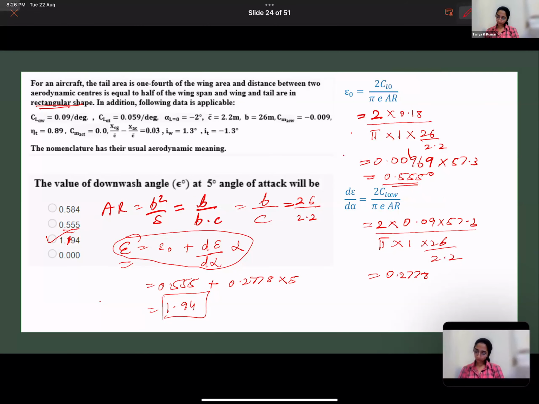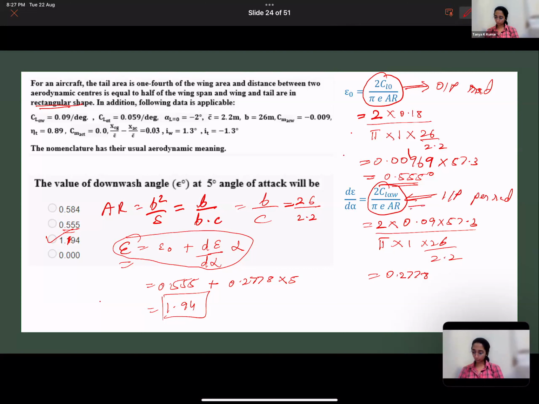Okay. So these are your two equations. Here, the output is in radians. In this formula, the input is per radian. Everything is in terms of radians.